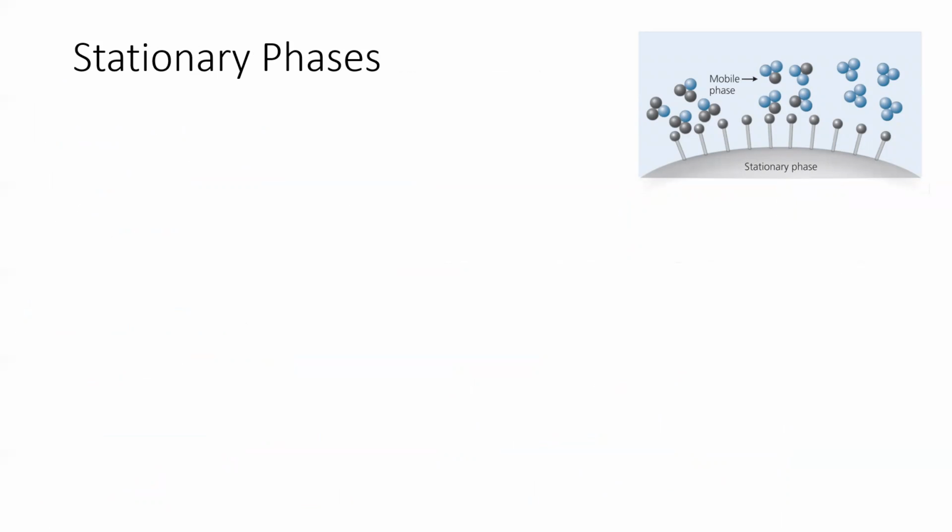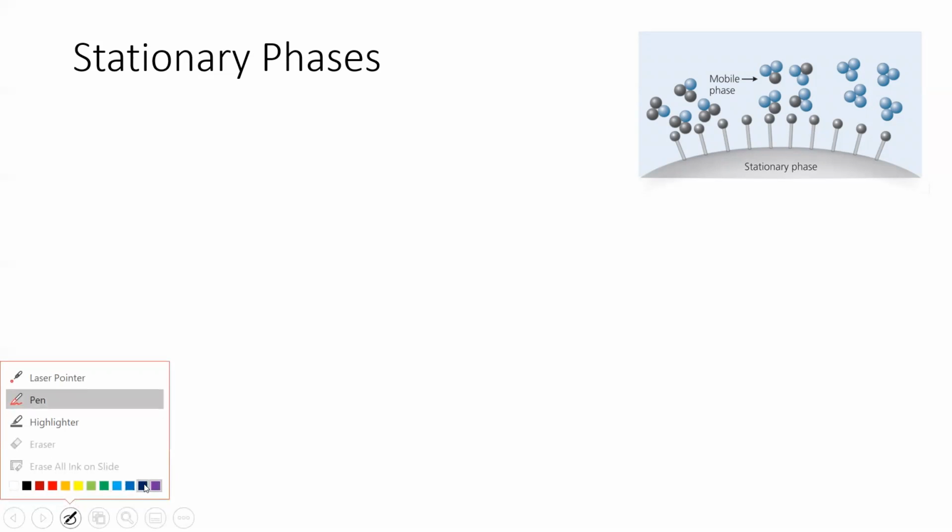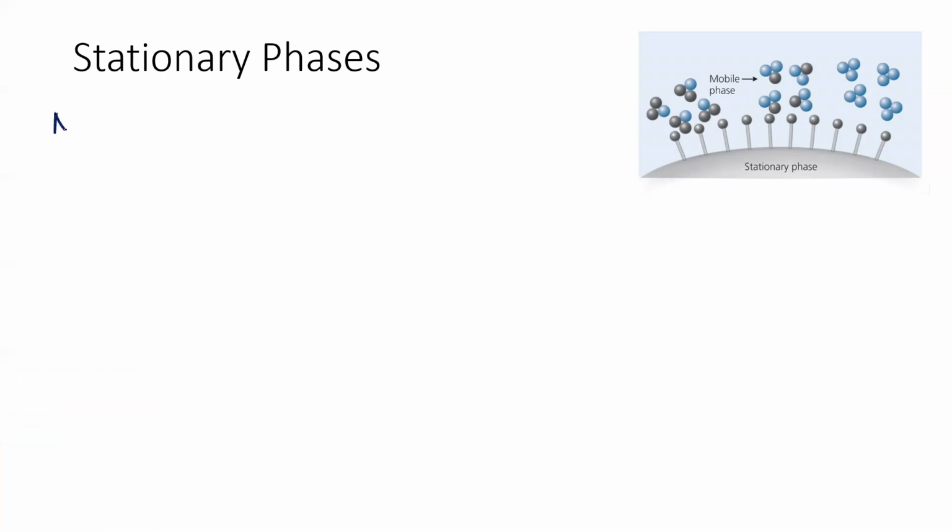And so moving into what our actual stationary phase looks like, the basic terms are normal phase and reversed phase stationary phases. This is for separation based on polarity only, right? Based on hydrophobicity.